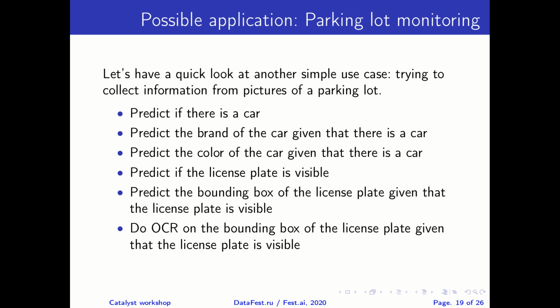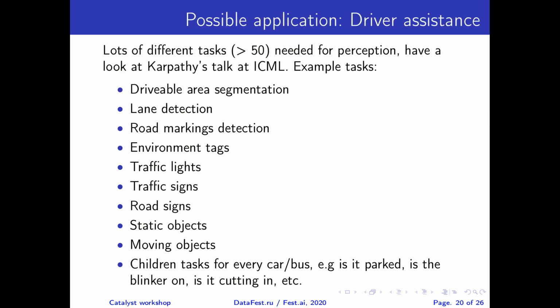You have to predict the color of the car, given that there is a car, obviously. You have to predict if the license plate is visible, again given that there is a car. Predict the bounding box of the license plate, given that the license plate is visible, and then do OCR on the section that is identified by the bounding box. So that would be one possible application.